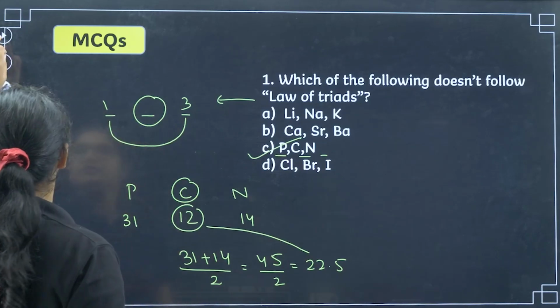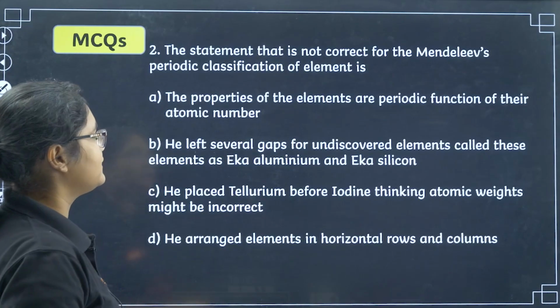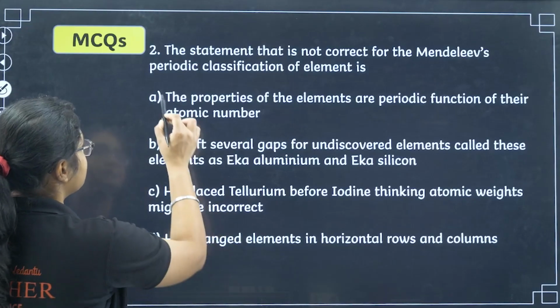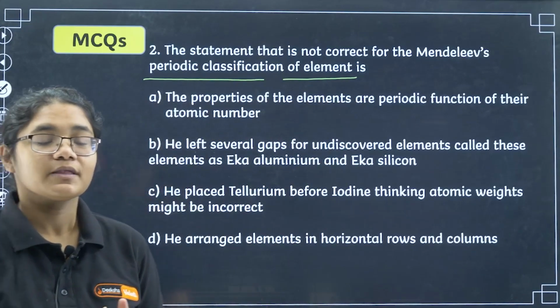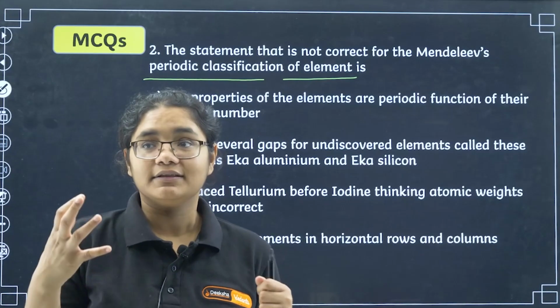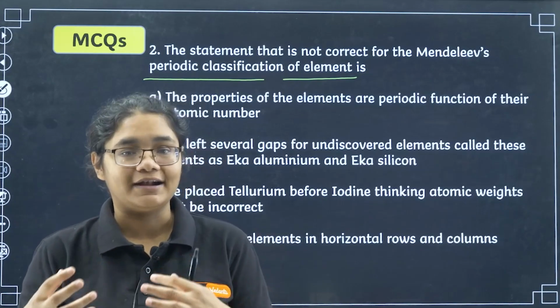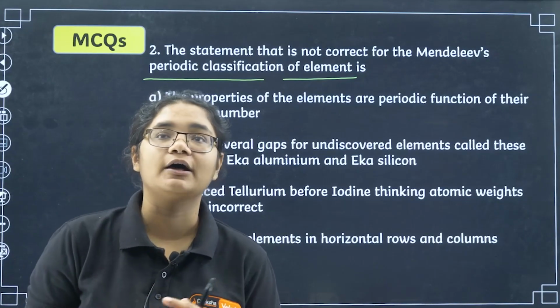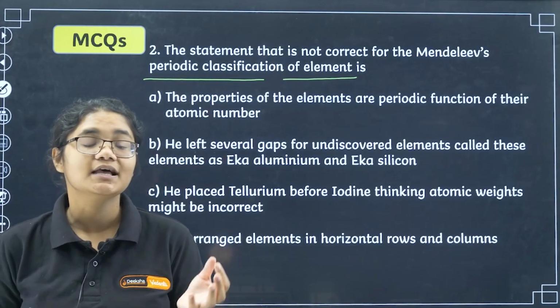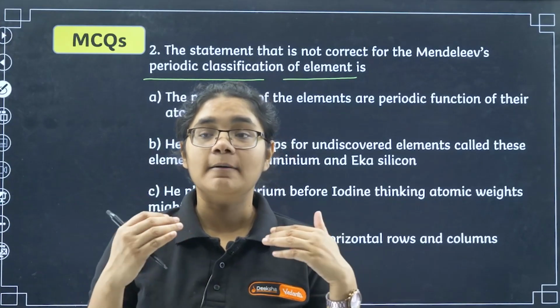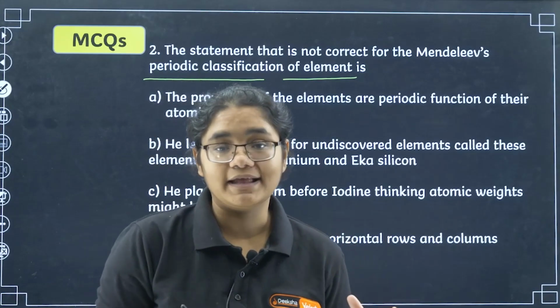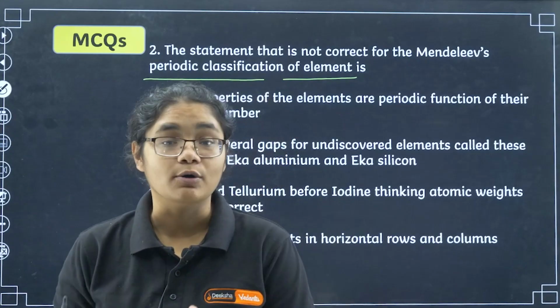Moving to the second question: the statement that is not correct for Mendeleev's periodic classification of elements. So what did Mendeleev do? Mendeleev said that the properties of the elements are periodic functions of their atomic masses, meaning the properties shown by the elements depend on their atomic mass.